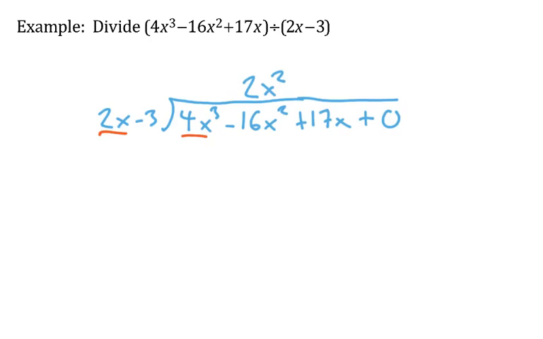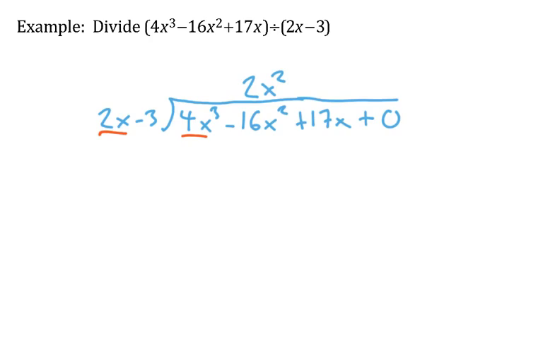Now, what this basically has done is it's given us an estimate of what the quotient is, just by looking at one term of each polynomial only. The step we do next is basically to see how close we are with this estimate.